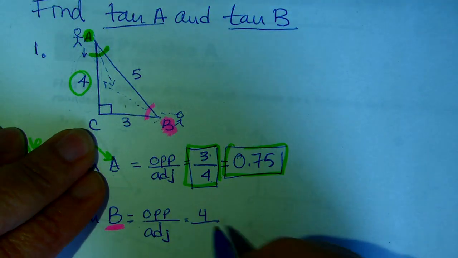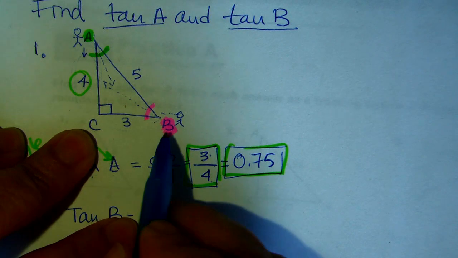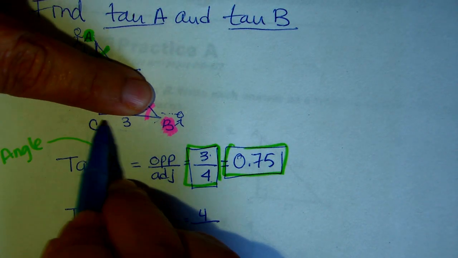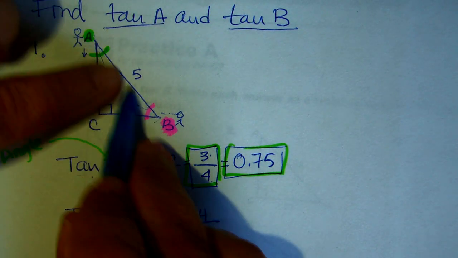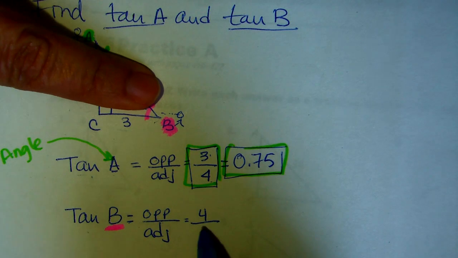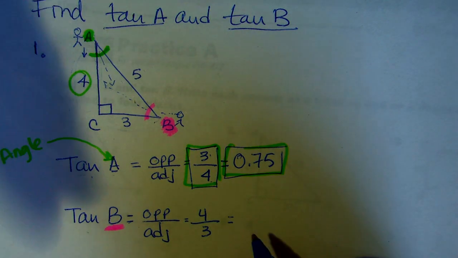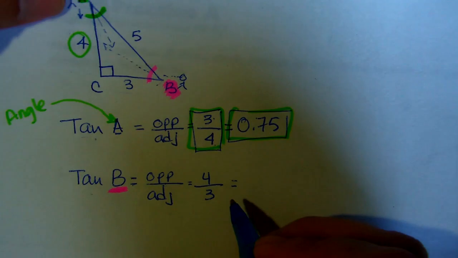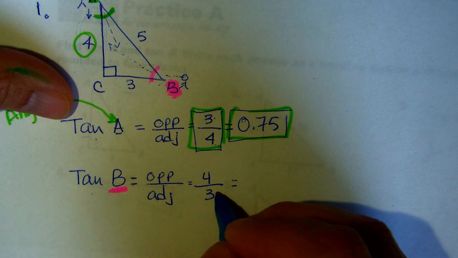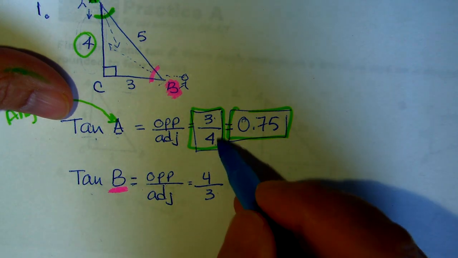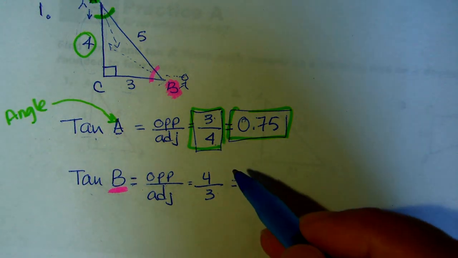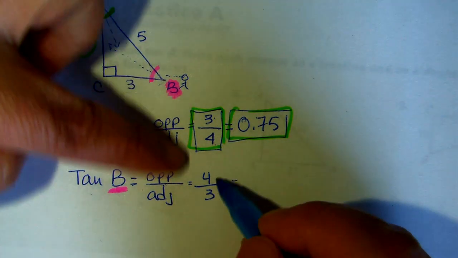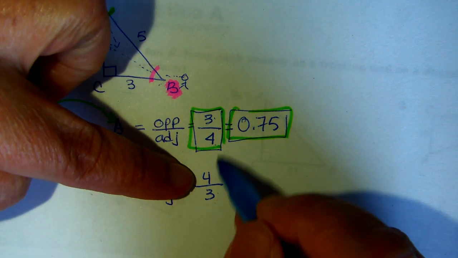So it's 4, this is the opposite, over the adjacent. Who is right next to him, but not the hypotenuse? It's 3. Okay, we mentioned a little bit before that you can see the pattern. If you're working with the same triangle, this time the numbers were switched.